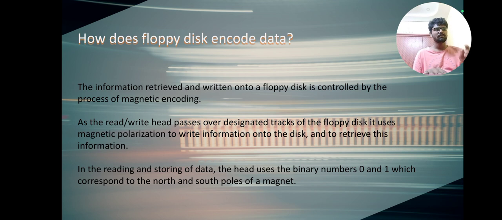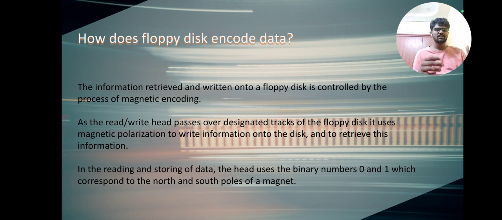When I keep the floppy disk inside a computer, the exchange of information takes place as the rotor of the floppy disk rotates. The electrical currents hit the magnetic field.